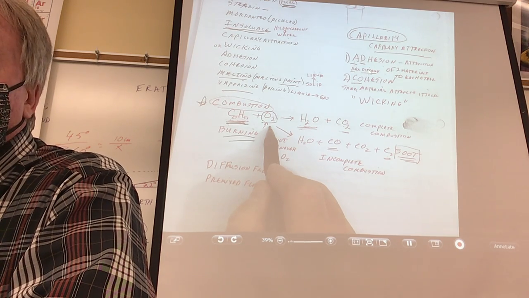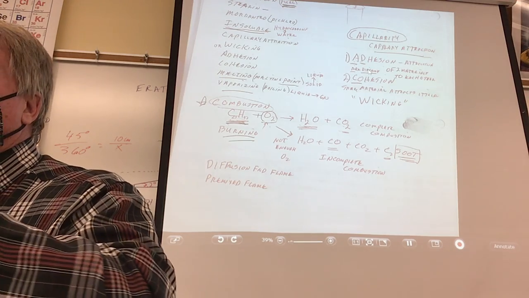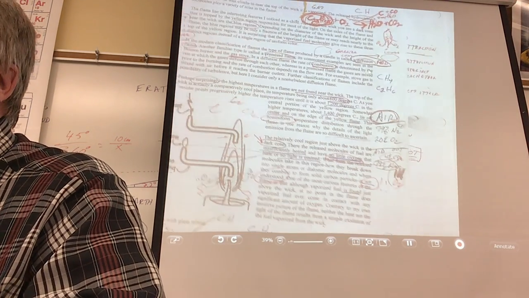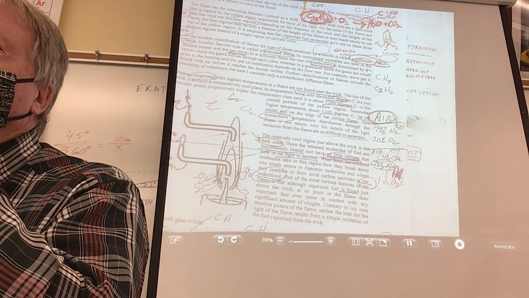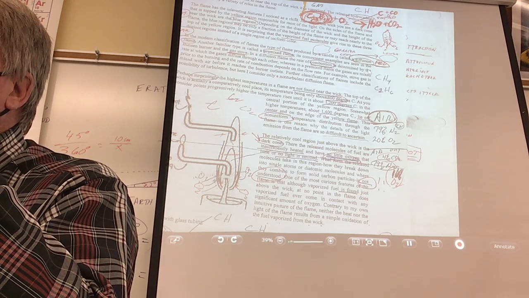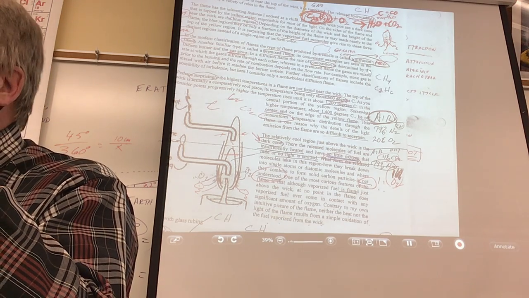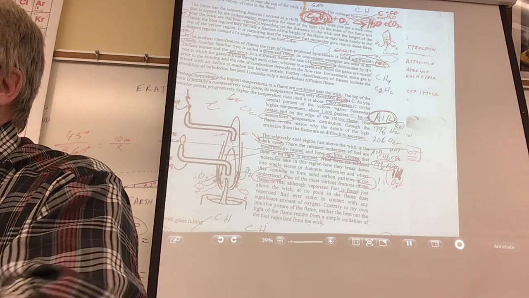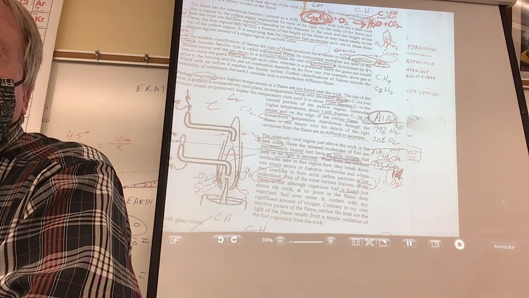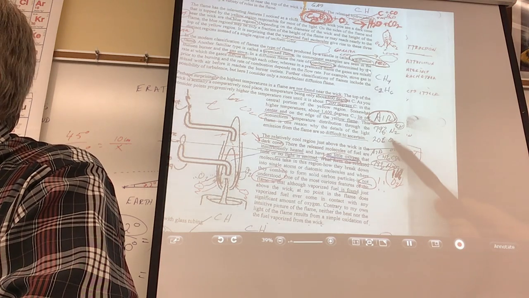From the air. I find this, many students, even when they graduate, they still don't know what air is. I'm not sure why, but somehow you get this idea that air is oxygen. 80% of the air, every time you take a breath, is something you don't do anything with. It's nitrogen.